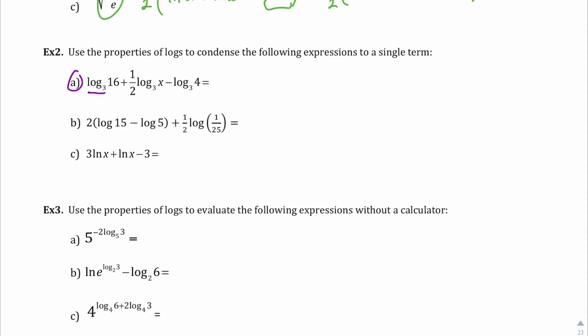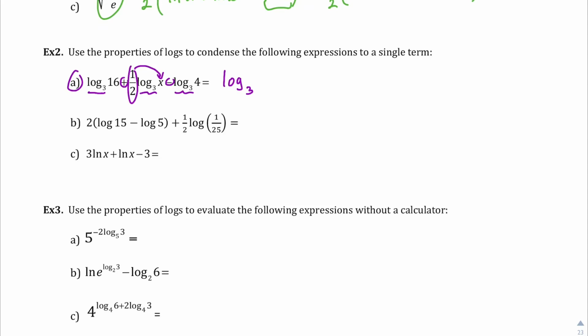Okay, and so we have all of these as log 3, and we have a sum and a difference, meaning we're going to have a product of values, and we're also going to have a quotient of values. And last but not least, remember that that 1/2 is going to be the exponent of the x.